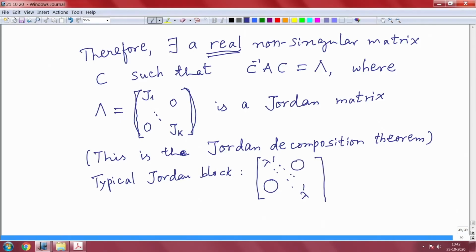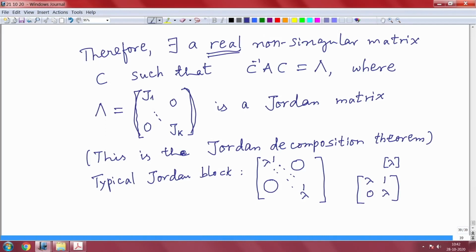Okay. Very simple form. It could be 1 by 1, in which case we have just lambda. For 2 by 2, we get lambda 1, 0 lambda. So, these are typical examples. This is a 1 by 1 Jordan block, which is just one element, and this is 2 by 2.